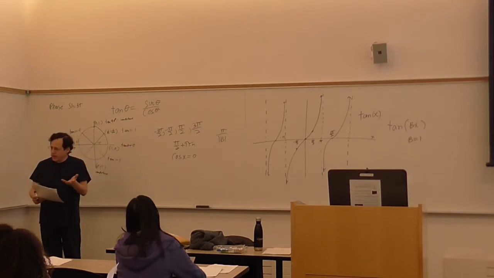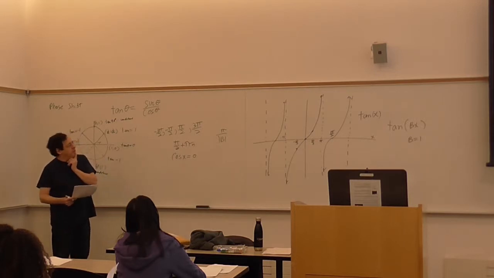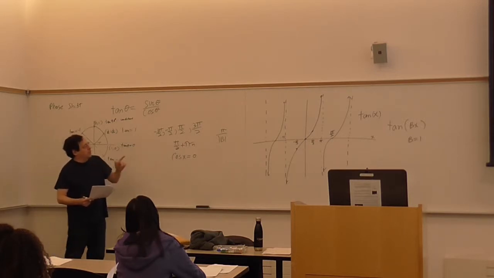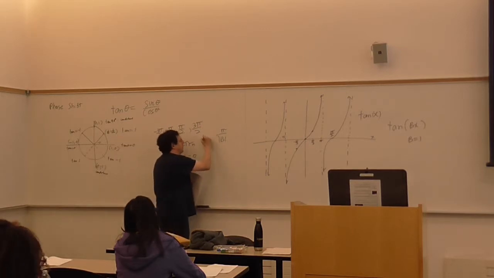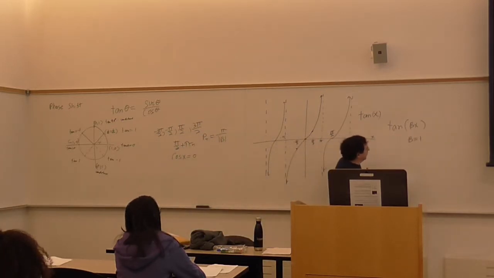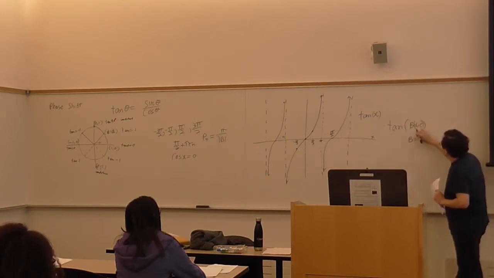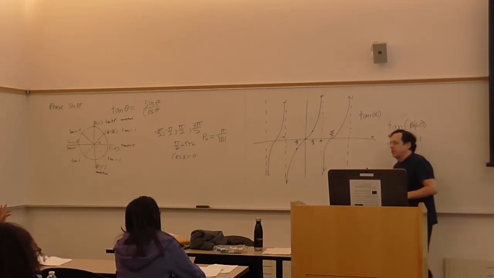I don't understand how that would apply here. Let's just say that the period for the tangent is pi over the b value, where b is the number that you multiply by x minus whatever the phase shift is.